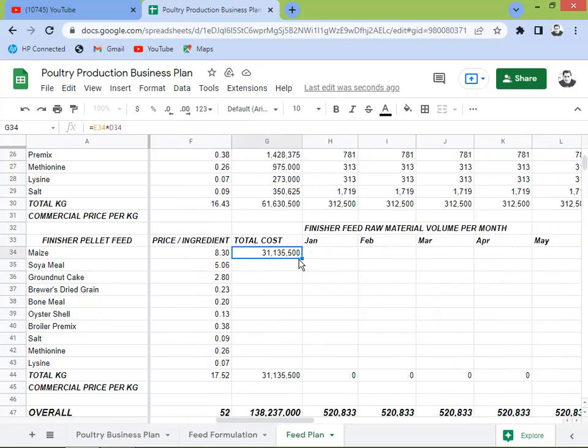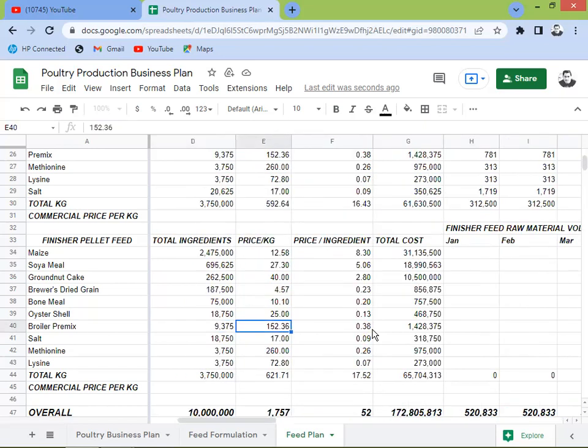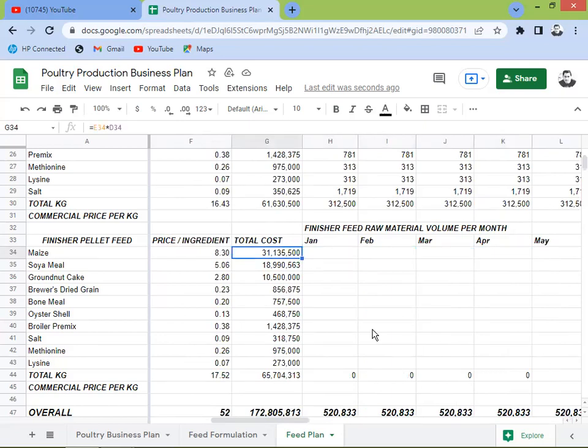And then copy it down. Why is this like this? Why is it 1 million? Price per kilogram, total ingredients, multiply. Okay, that's correct. Okay, so we need 65 million.